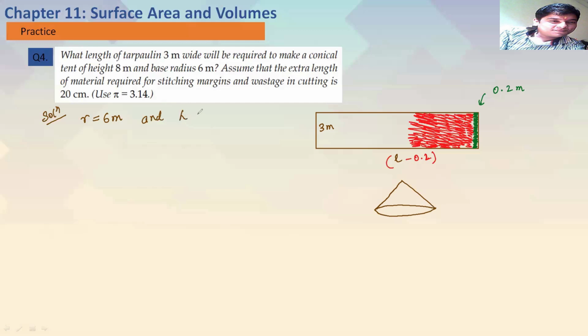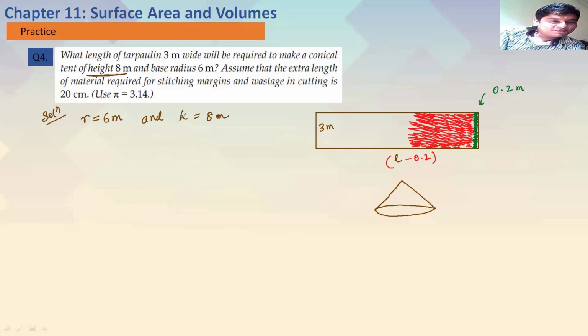Sir, height as in height or slant height? When they mention height, it's vertical height, not slant height. Okay, sir. Height is 8 meters. Listen carefully. In the question, if slant height is not mentioned, rather height is mentioned, then it will be vertical height. Okay.